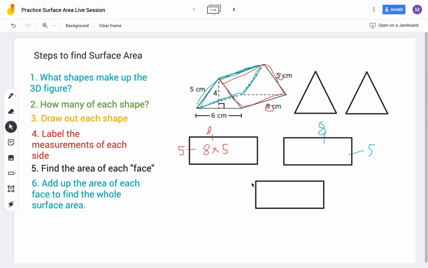So this is also 8 times 5. Yes, those 2 will have the same area.